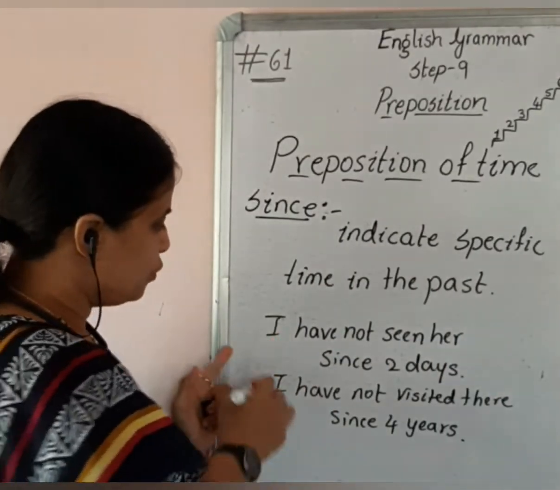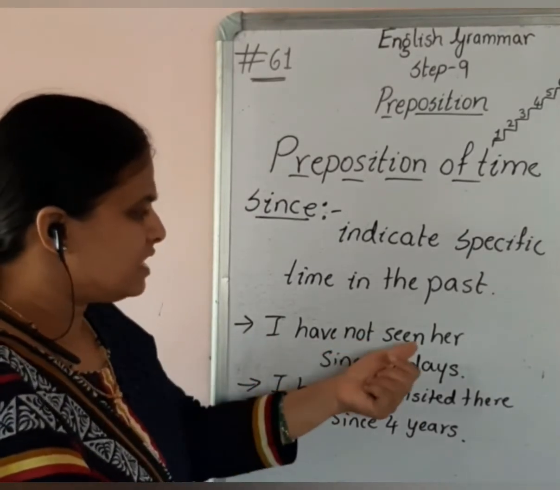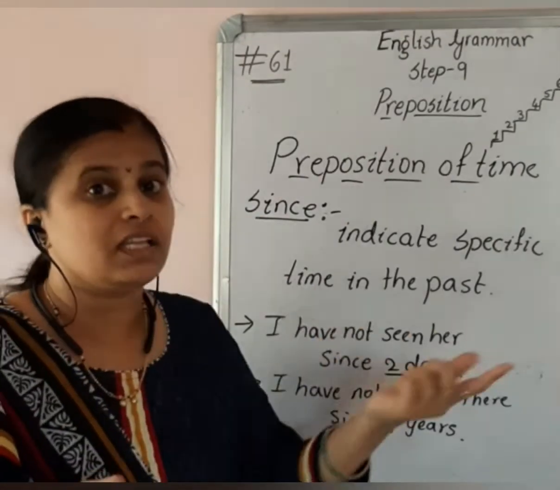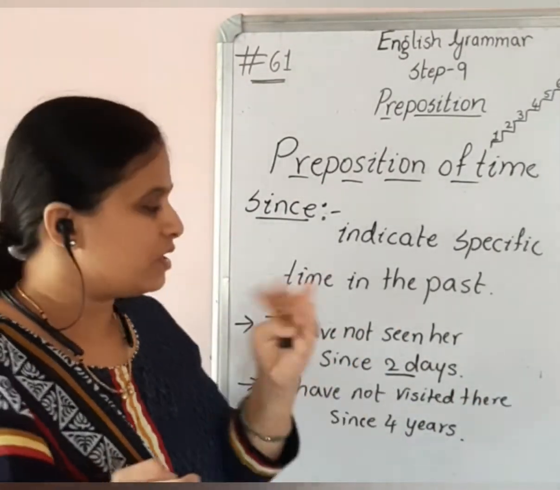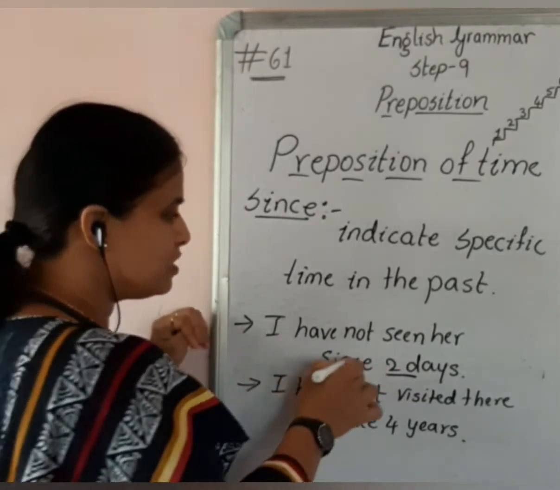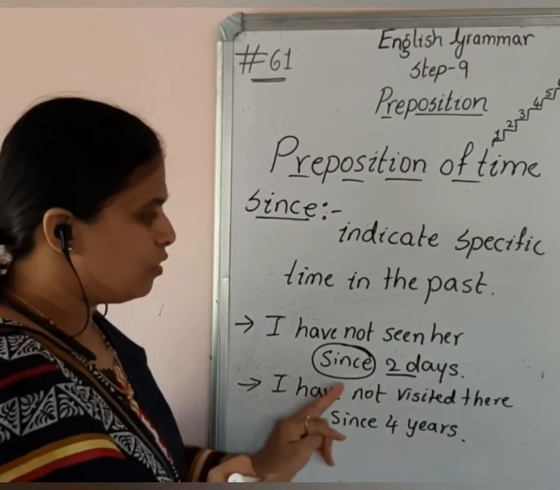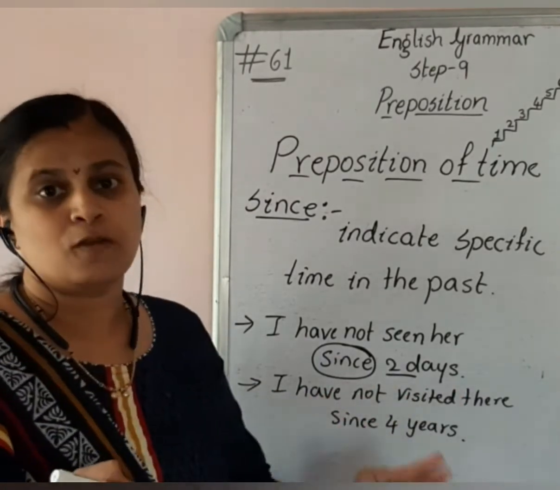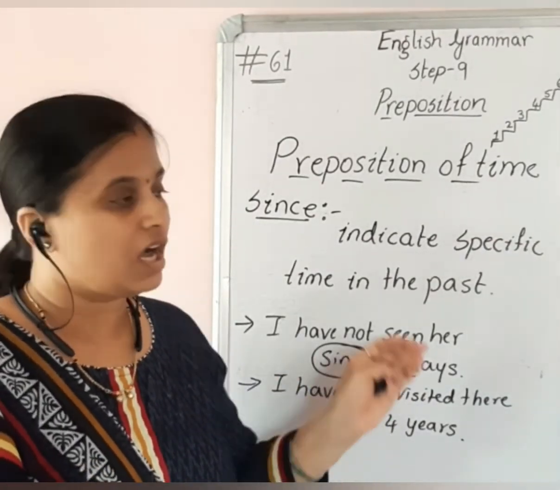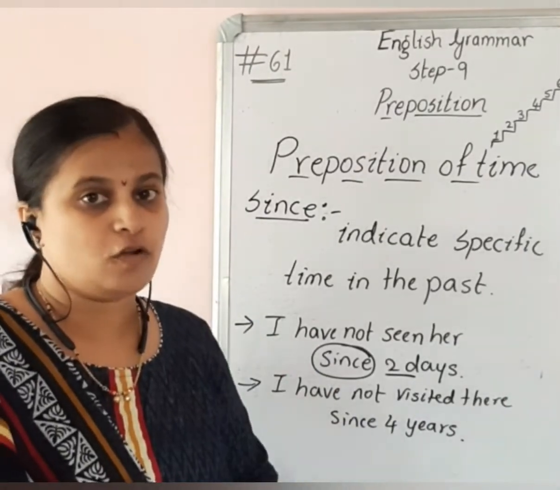You can just have a look over these two examples, you'll get a clear idea. So, I have not seen her since 2 days. 2 दिन से मैंने उसको नहीं देखा है. Okay. So, whenever you want to mention a specific time in the past, you can use the preposition of time since. I have not visited there since 4 years. Means I have not gone there, right? So this is how since will work in the sentence as a preposition of time.